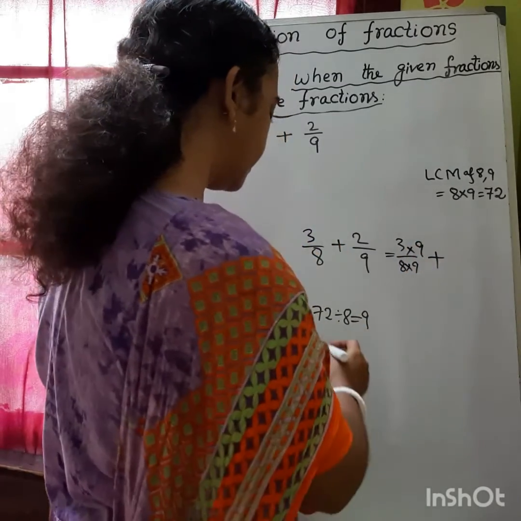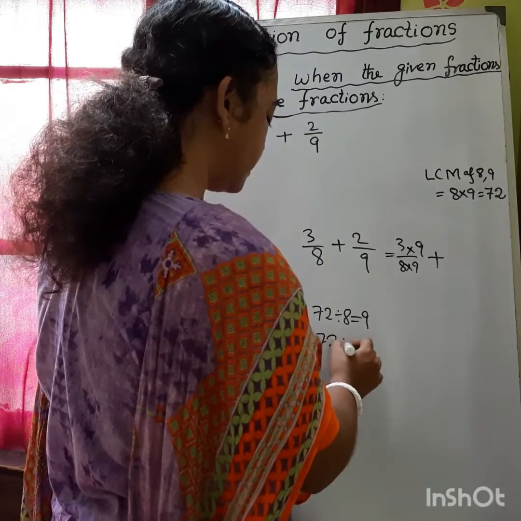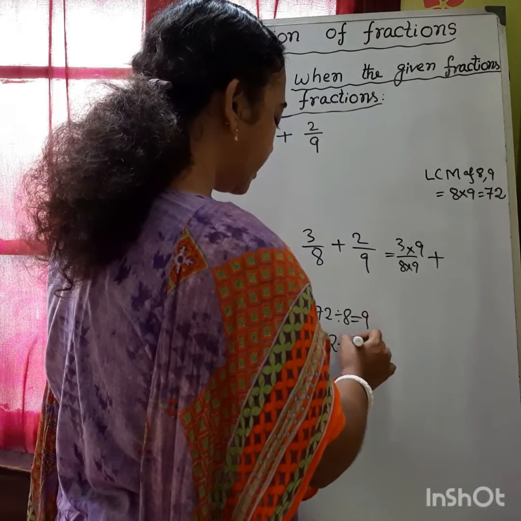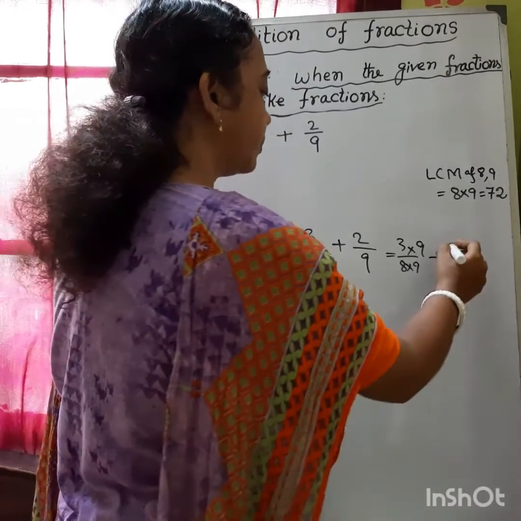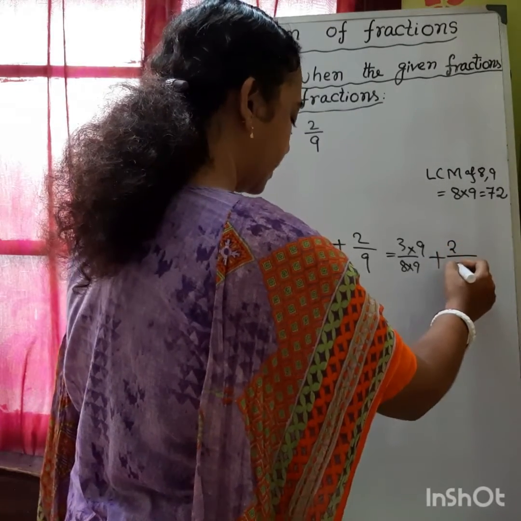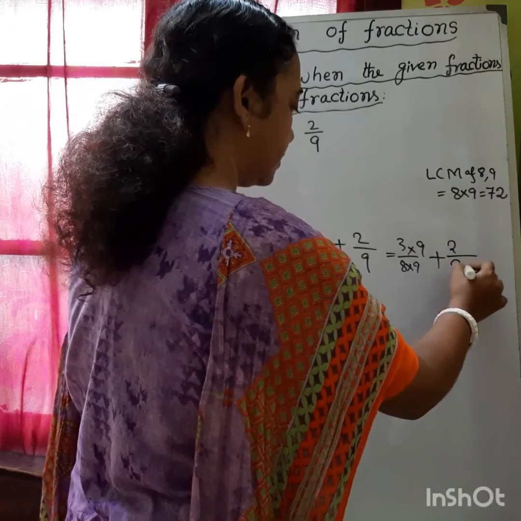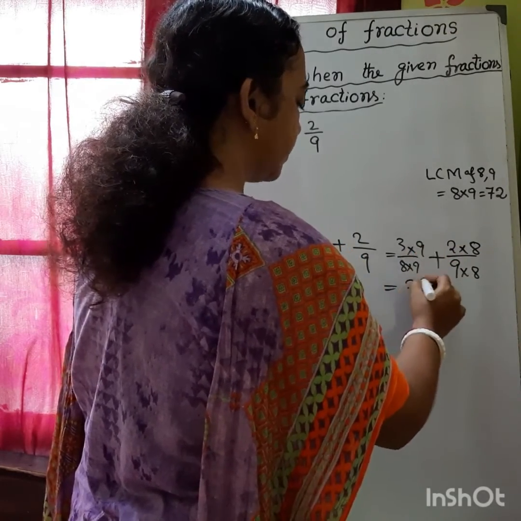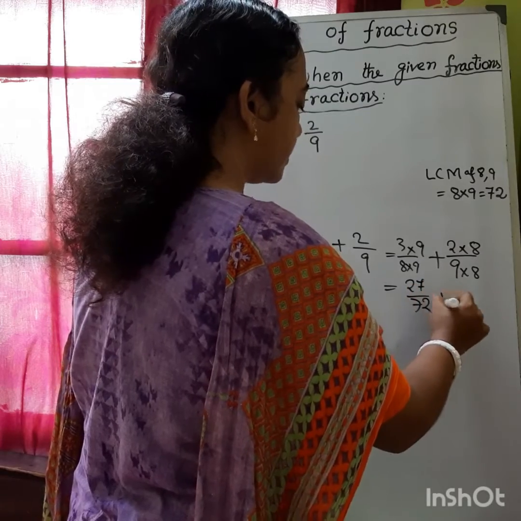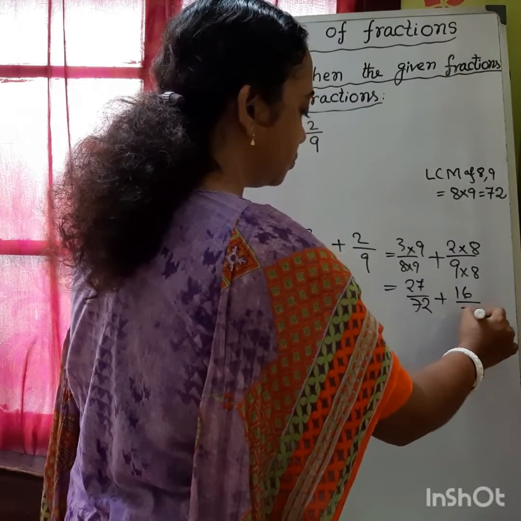Similarly, in the second case, if we divide 72, that is the LCM, by the second denominator, that is 9, we get here 8 as the quotient. So we multiply both numerator and denominator of the second fraction by 8. So here it becomes 27 by 72 plus 16 by 72.